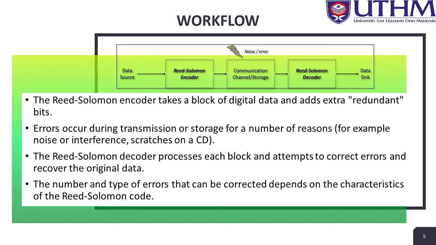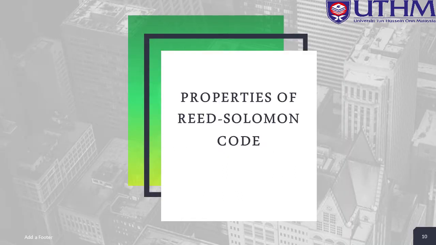The Reed-Solomon decoder processes each block and attempts to correct errors and recover the original data. The number and type of errors that can be corrected depends on the characteristics of the Reed-Solomon code.